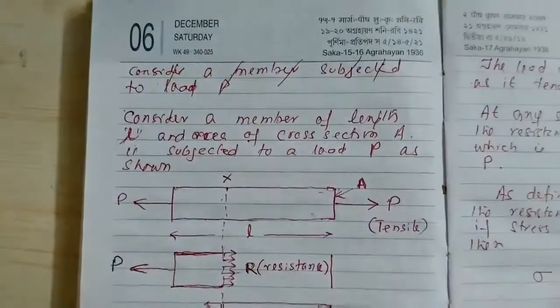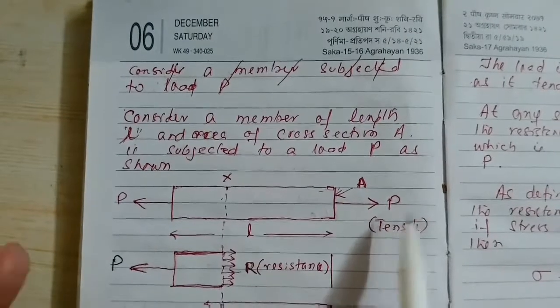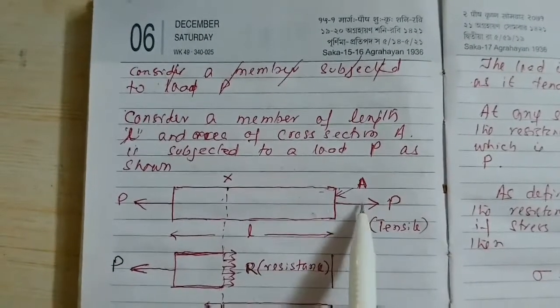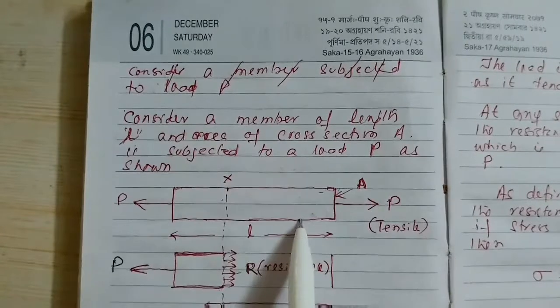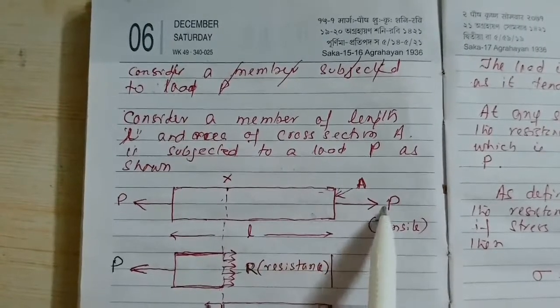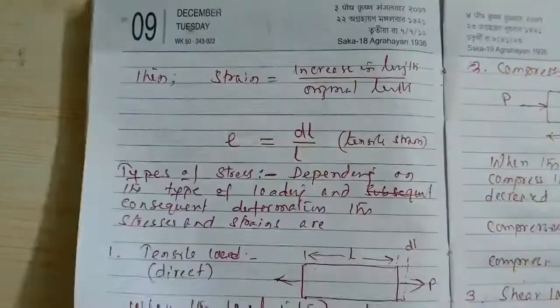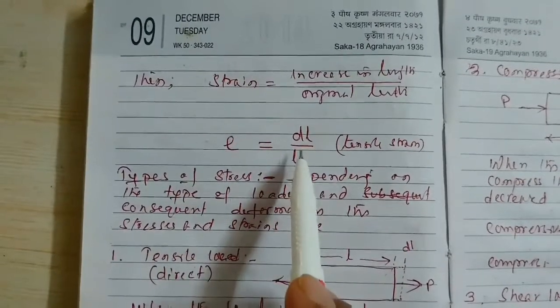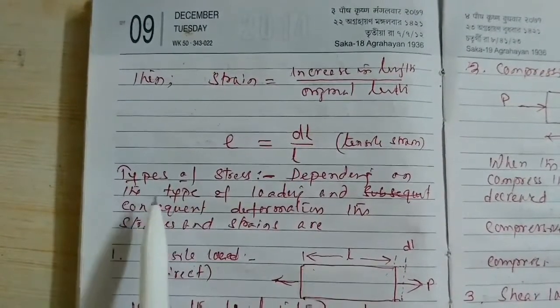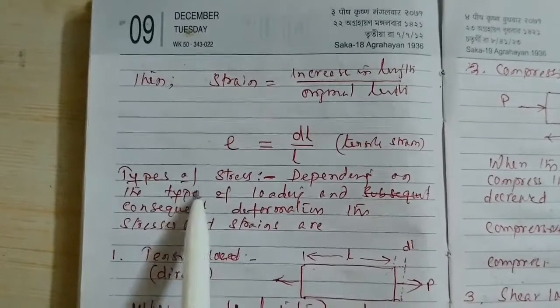The load P has elongated it, and the elongation is dl, so the strain is dl by L, and because it is due to the tensile load, the strain is called tensile strain. Similarly, what are the types of stress? Let us see.